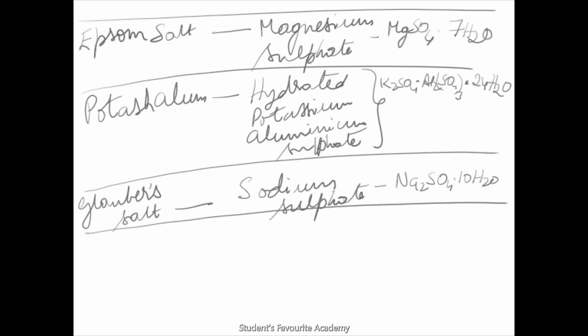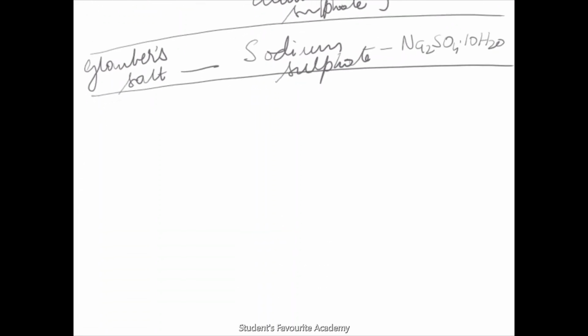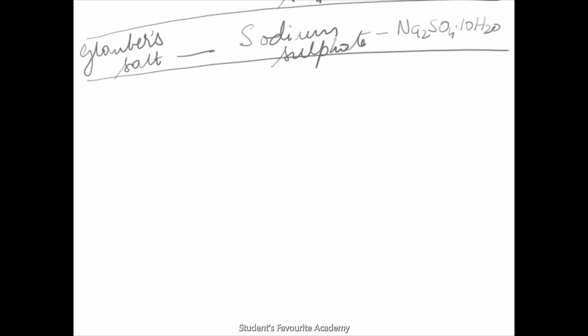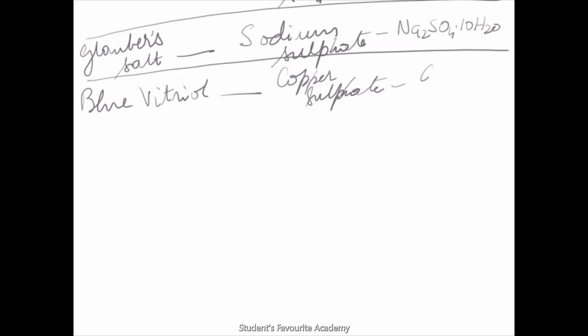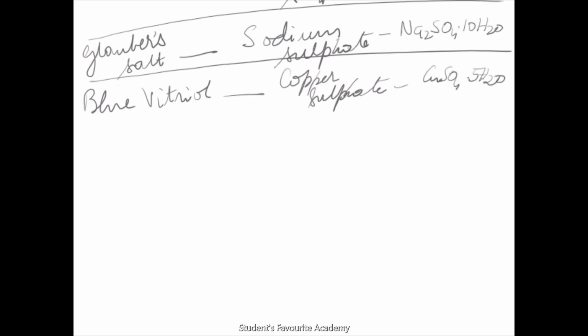Then you have blue vitriol. This is very commonly asked. Blue vitriol is the common name, and the chemical name is copper sulfate. These are all hydrated salts. CuSO4.5H2O. This blue vitriol, when you heat it, becomes white and loses the 5 molecules of water.